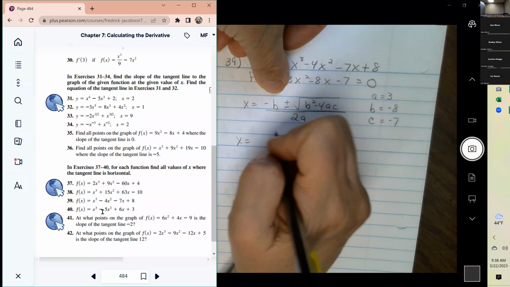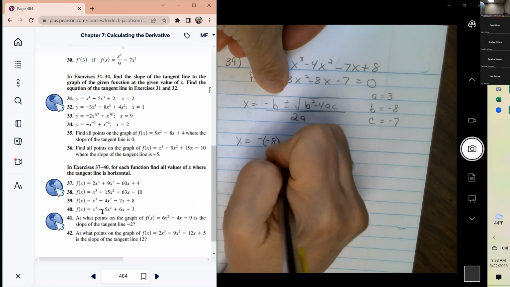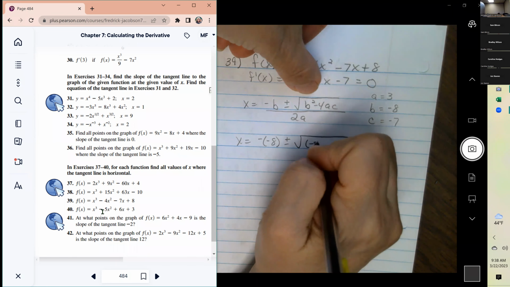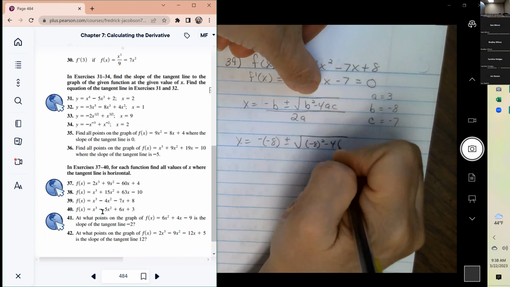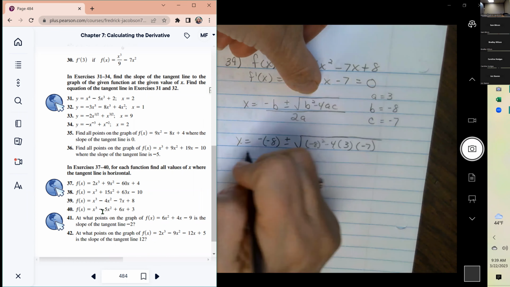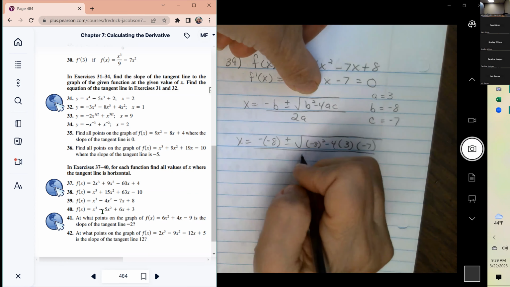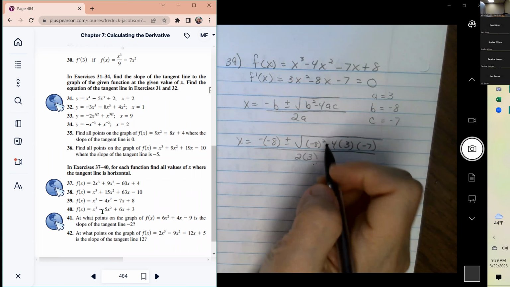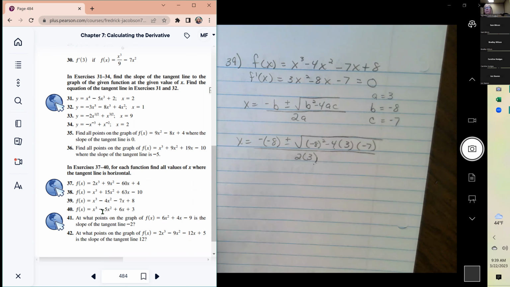Negative B. Square root. Negative 8 squared minus 4 times A times C, all over 2 times A. I always do under the radical first.